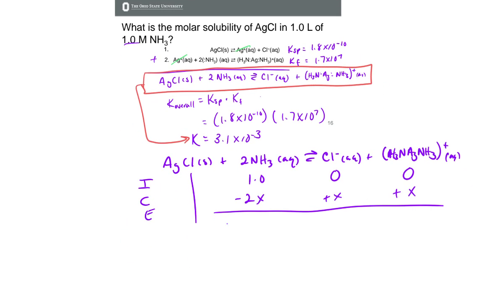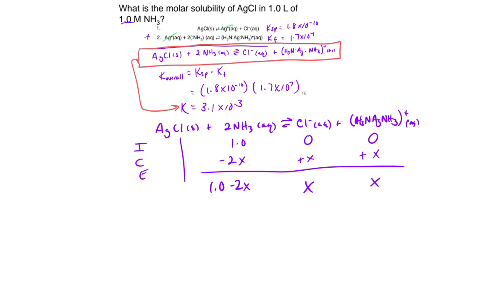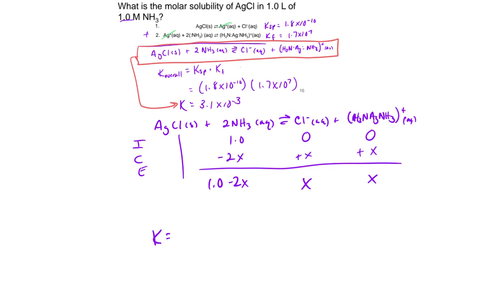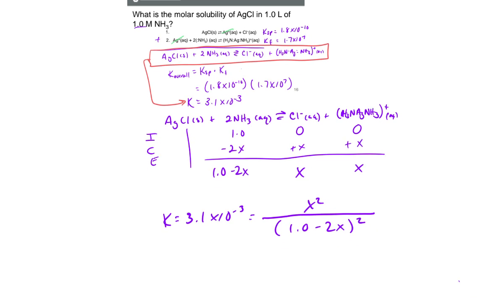So at equilibrium, we have 1 minus 2x for the ammonia, x moles per liter for the chloride, and x moles per liter for the complex ion. Now we can put these values into our equilibrium constant expression using the K value we just calculated. 3.1 times 10 to the minus 3 equals x squared divided by (1.0 minus 2x) squared. In this case, we aren't going to ignore x compared to the 1.0.